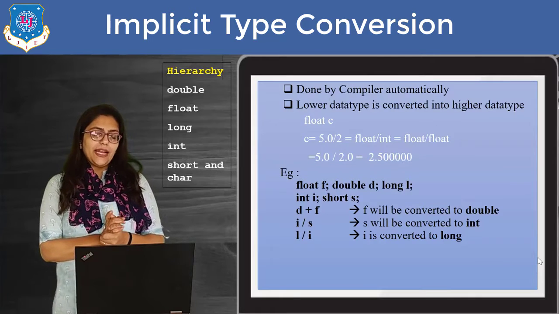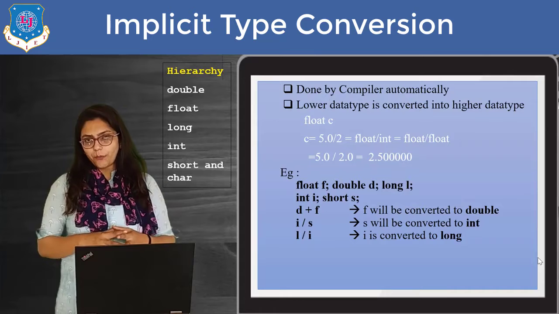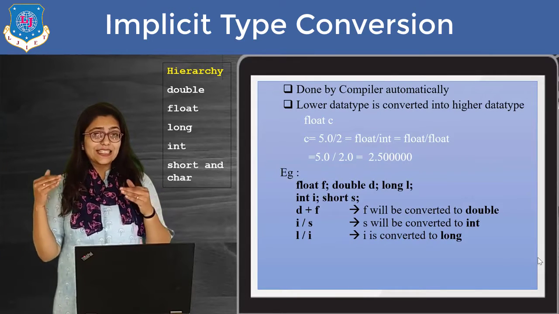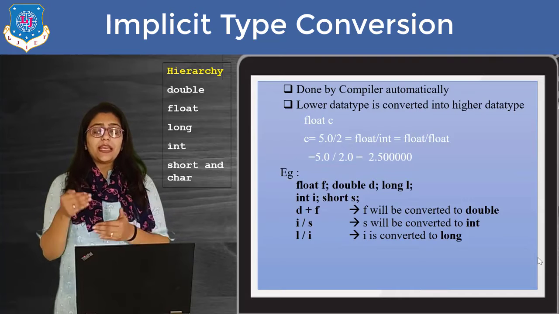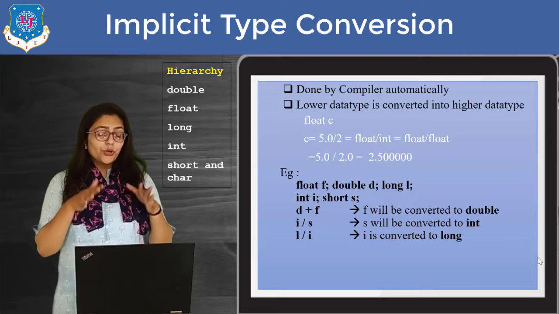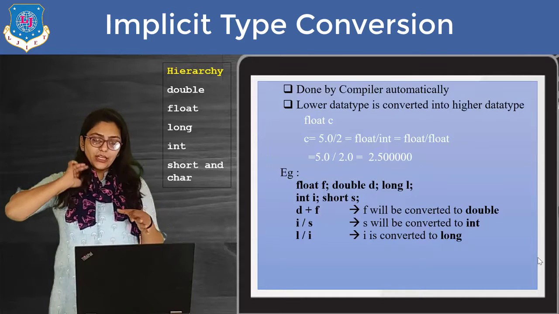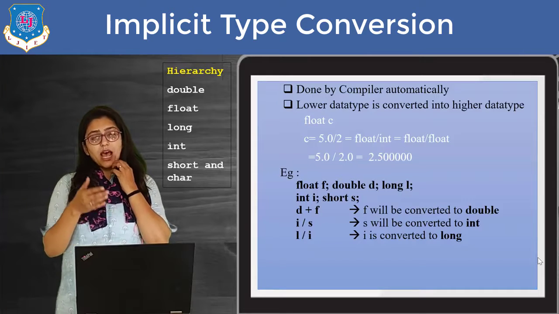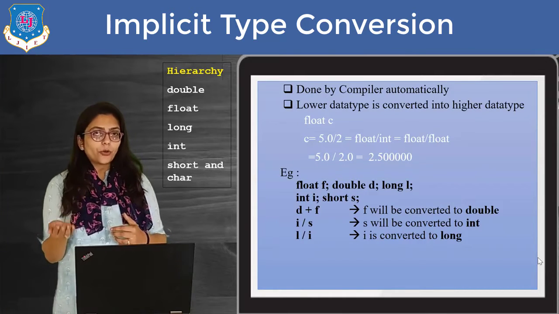So by default, whenever you are performing some kind of operations on some variables and each of these variables has the same data type, then the result will be in that type. So suppose you are performing an operation of adding two numbers or say dividing two numbers and both of these variables are integer, then the answer will automatically be integer.